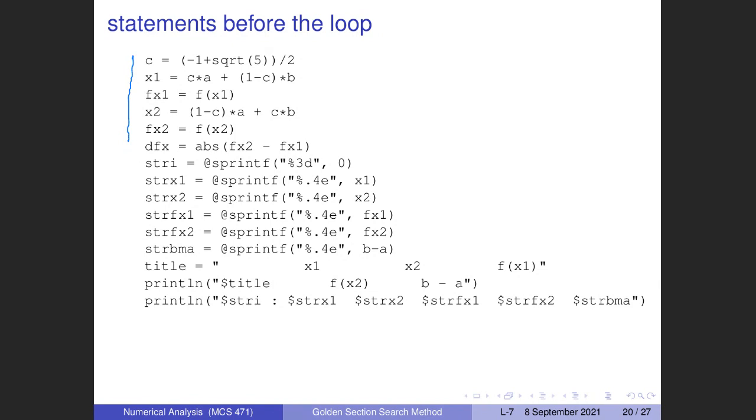We can then already print out our first line. With string interpolation, we have the 2 locations, printed with a precision of 4 decimal places in scientific notation.